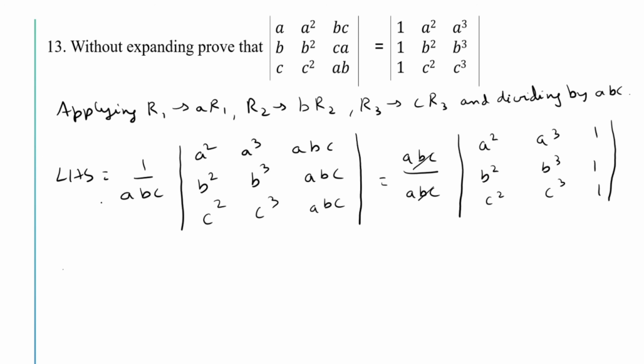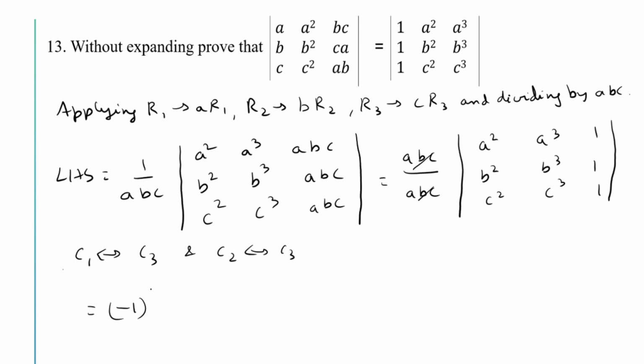So interchanging C1, C3 and then C2, C3, we get, when we interchange two columns, the sign of the determinant will change.